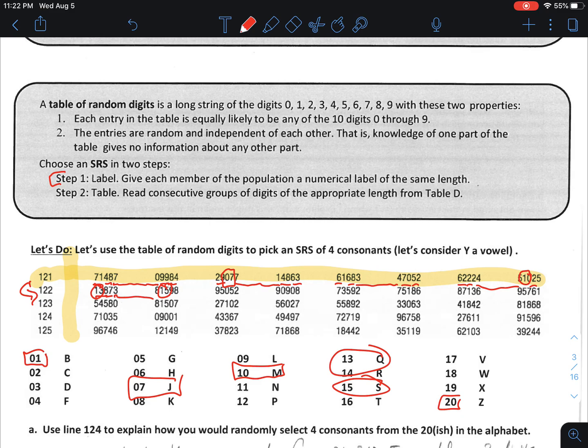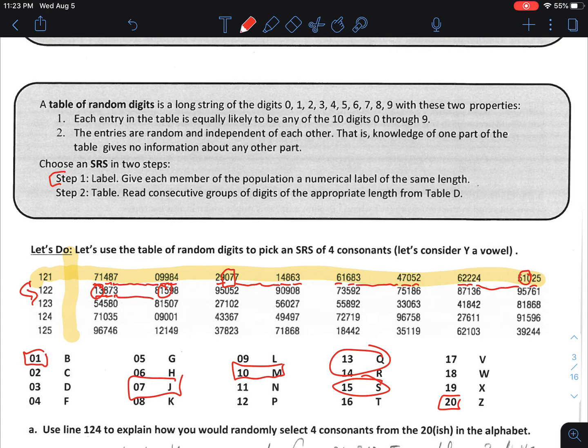Okay. It's possible. Let's say I got 07 here, and then later on down the line, I got 07 again. You don't do duplicates. So you'd have to explain. Here's the explanation for this. And you're gonna try one in a second. You label your population from 01 to 20, if there's obviously 20 letters.